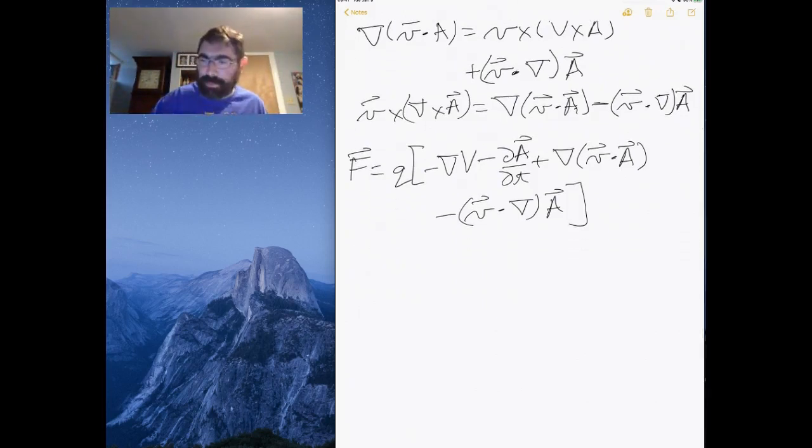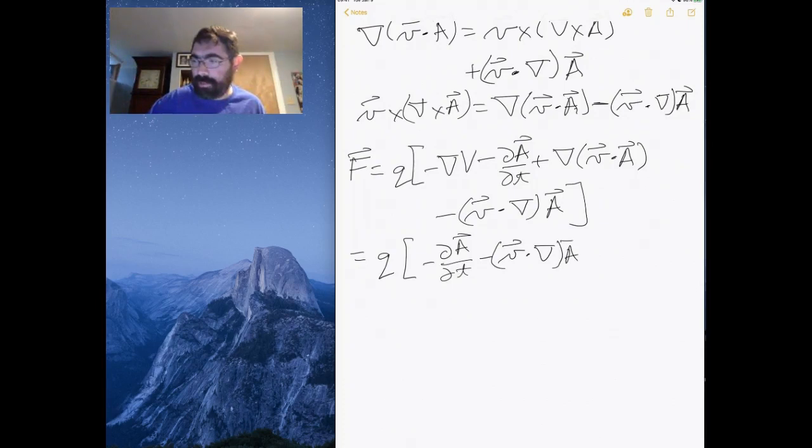So what we have is Q times minus dA dt minus V dot del times A, and then minus the gradient of V minus V dot A. Okay, I think that's it.